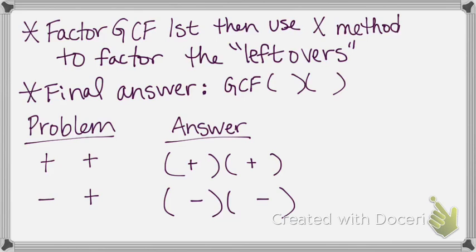Your final answer should have your GCF and then your 2 sets of parentheses. If your initial problem has a plus sign then another plus sign, your answer will have 2 plus signs. If your initial problem has a minus sign in the middle, then a plus sign towards the end, then your answer will have 2 minus signs, because then we're multiplying to a positive, but adding them up to a negative.